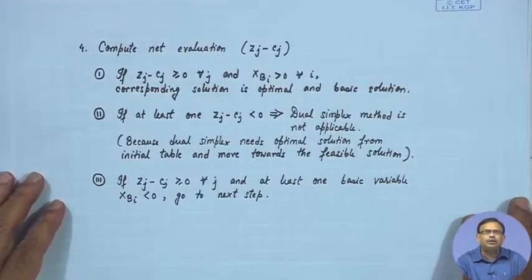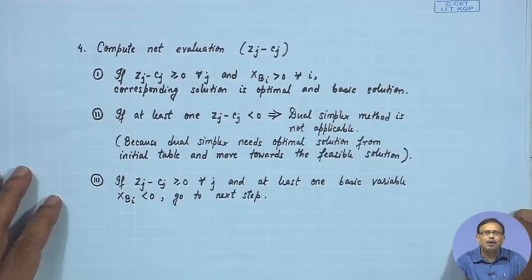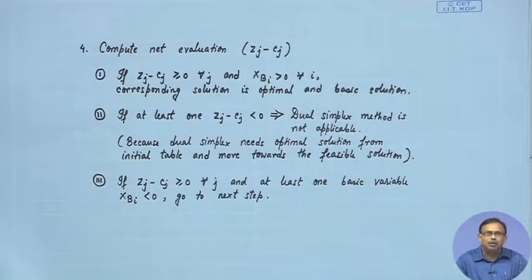compute the net evaluation z_j minus c_j, which we always calculate for simplex tables at each iteration. Here basically 3 different cases may occur. If z_j minus c_j is greater than or equal to 0 for all j, and x_Bi, that is all the variables in the basis, are greater than or equal to 0 for all i, then the corresponding solution is the optimal basic solution.